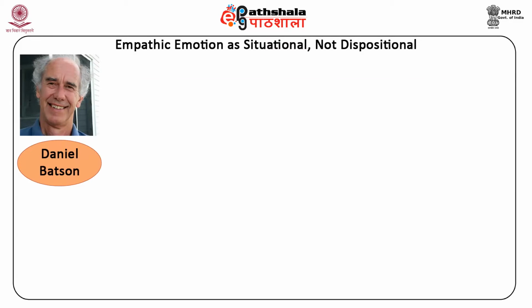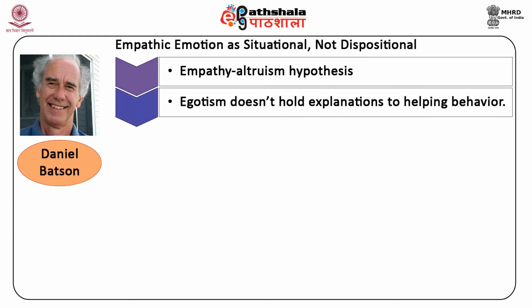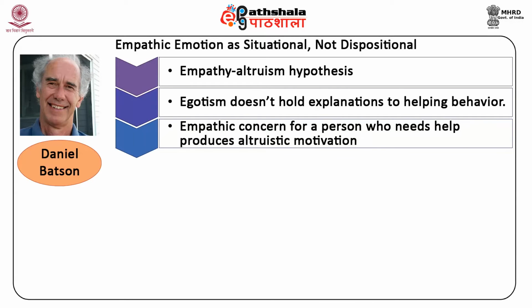Daniel Batson, in 1991, forwarded the empathy altruism hypothesis on the basis of findings that there are instances in which egotism doesn't hold as an explanation for helping behavior. It proposes that empathic concern for a person who needs help produces altruistic motivation, due to which one engages in helping behavior.